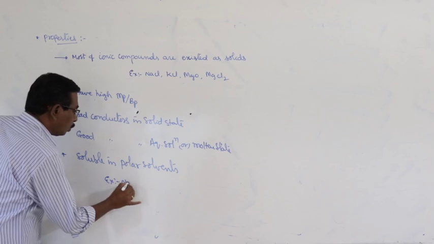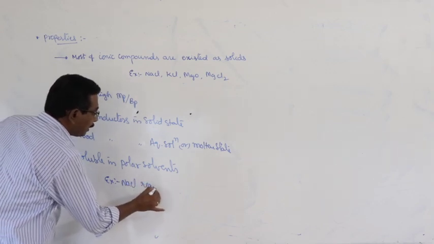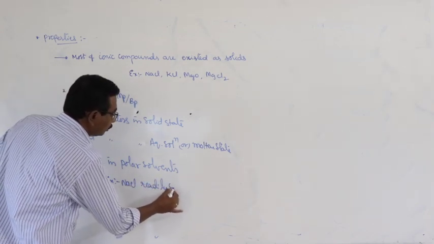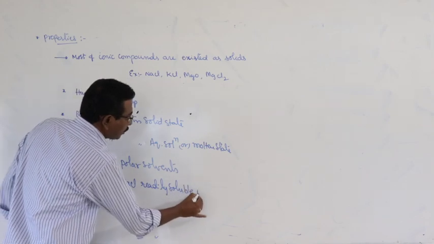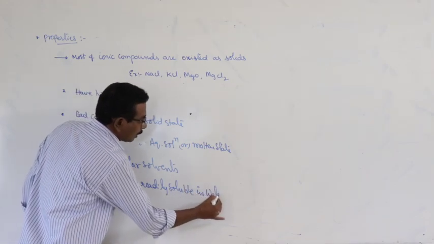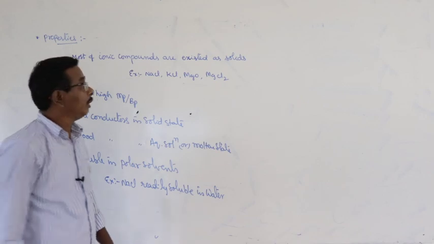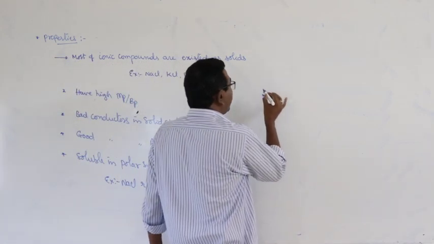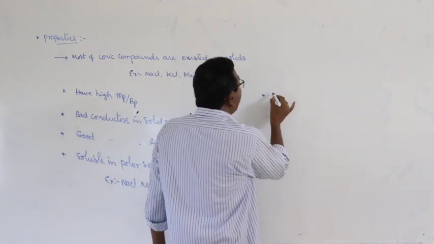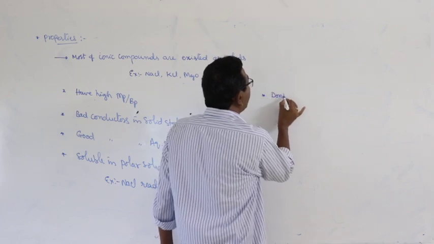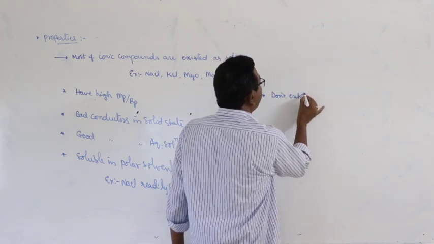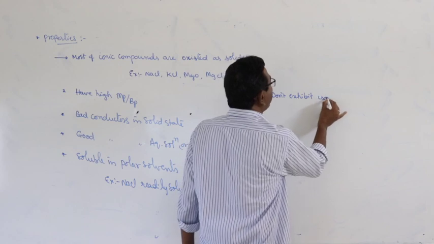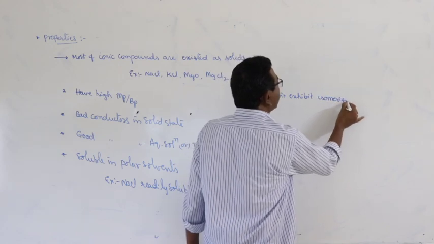Example, sodium chloride readily soluble in water. And there is an important note. Ionic compounds do not exhibit isomerism.